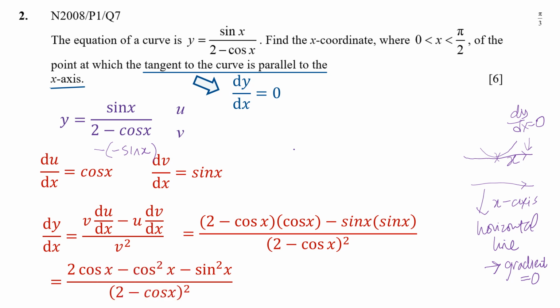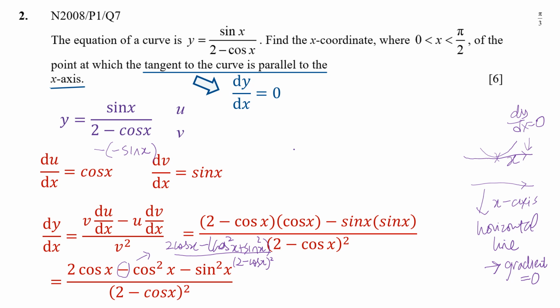Okay, and at this step here, if you see there's a negative in front of cos square x, you can just factorize it to get 2 cos x minus 1, in a bracket. Why do I want to factorize it? I'll explain to you why. Because by factorizing the negative out, you will get cos square x plus sine square x, which is equal to 1.